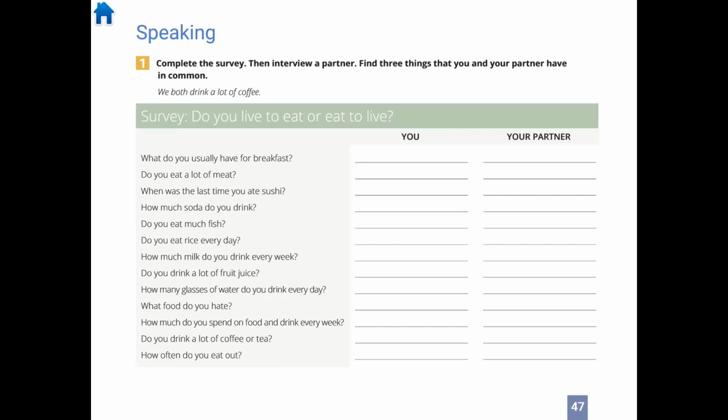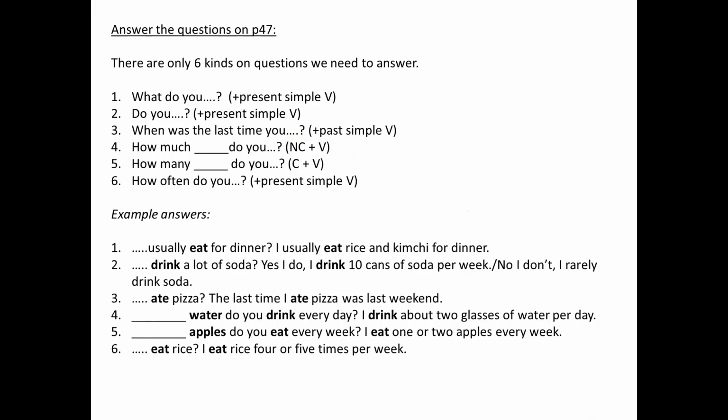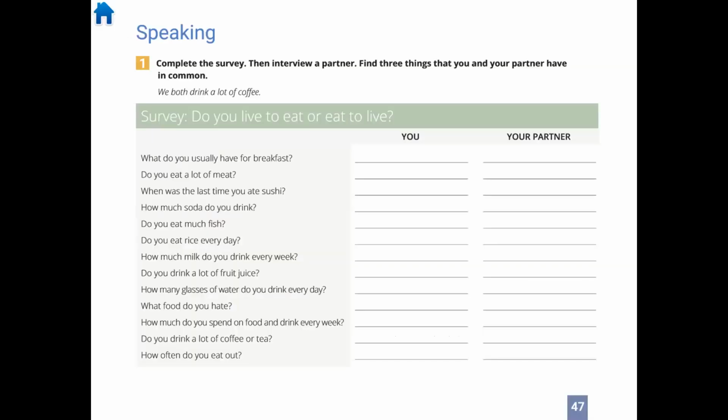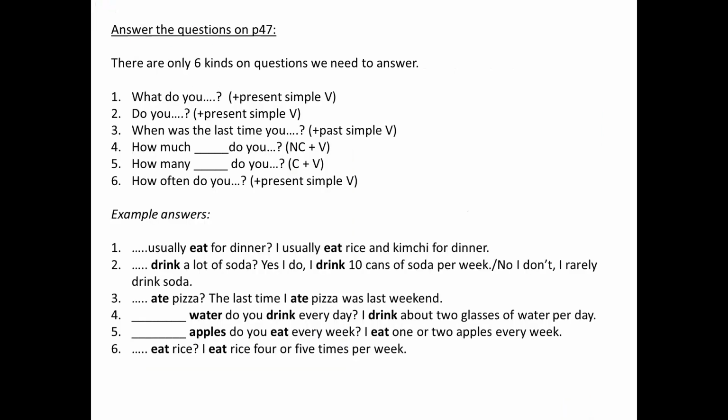But we only have six types of question. So if you know how to answer the style of the question, then you can answer any question here very easily. So we need to learn the style or the grammar for each question. As I said, there are only 6.